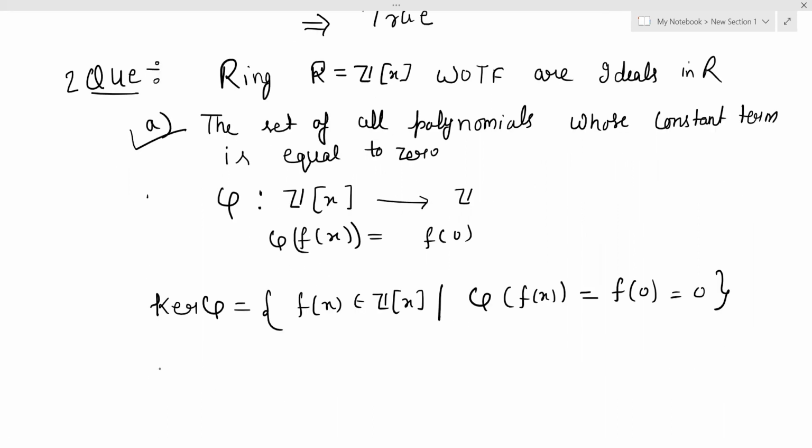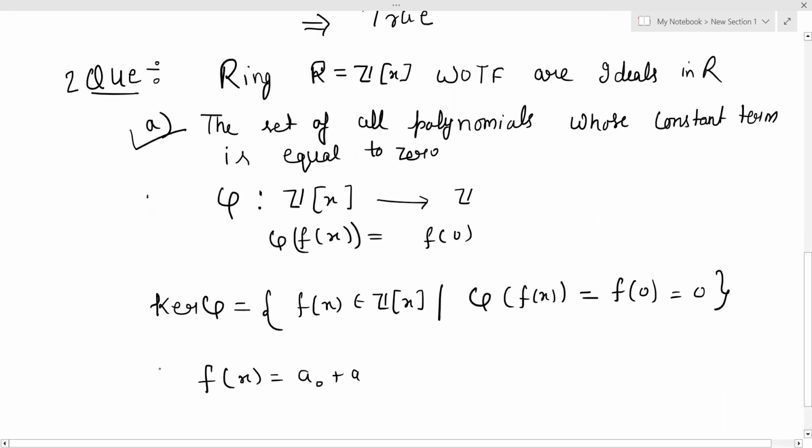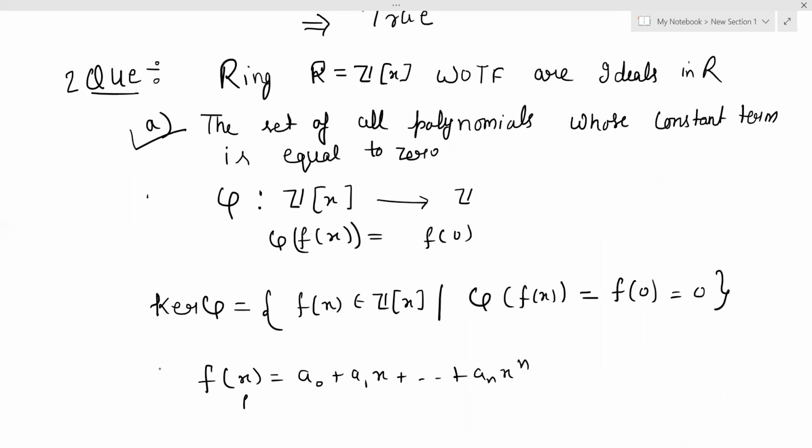Suppose the polynomial f(x) is of the form a0 plus a1 x plus so on, a_n x to the power n. Then what is f(0)? f(0) is a0, but an element in the kernel must have f(0) equal to 0. That means a0 should be 0. So this polynomial you can write as x times some g(x), right?